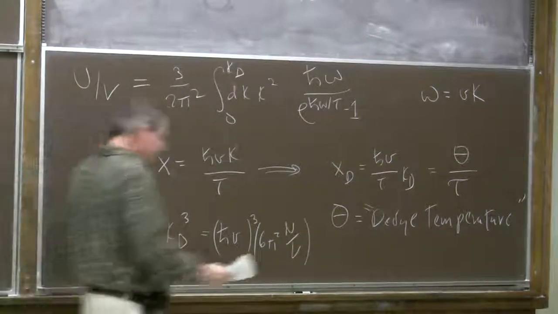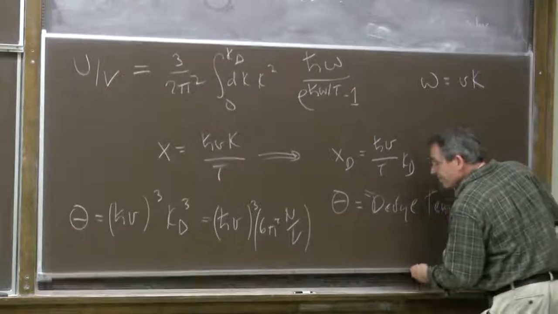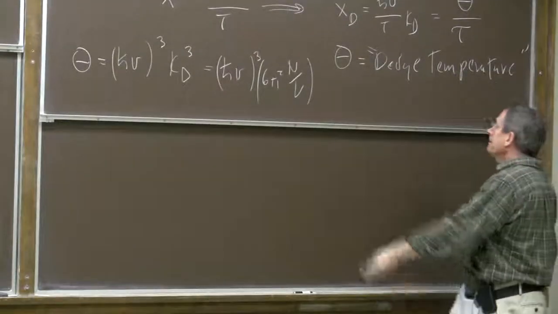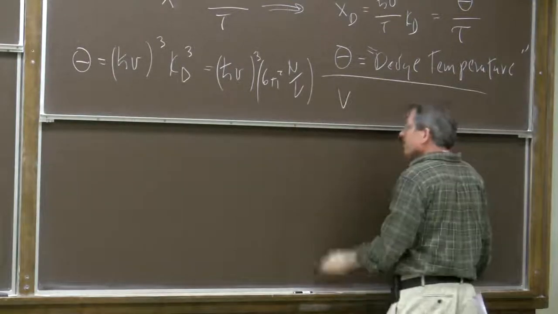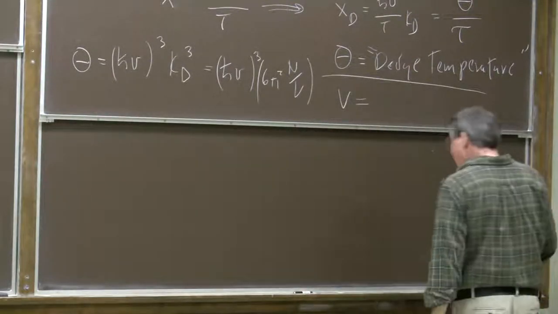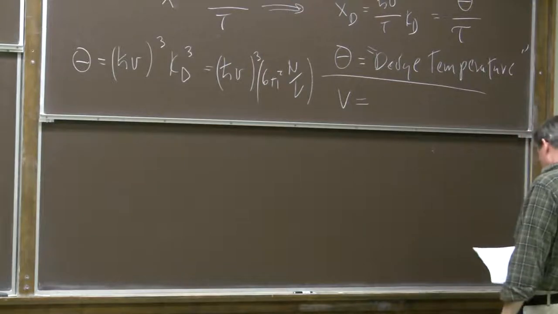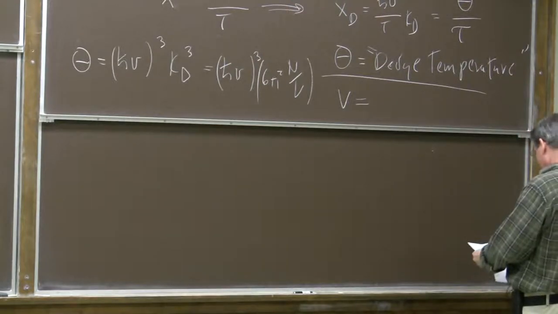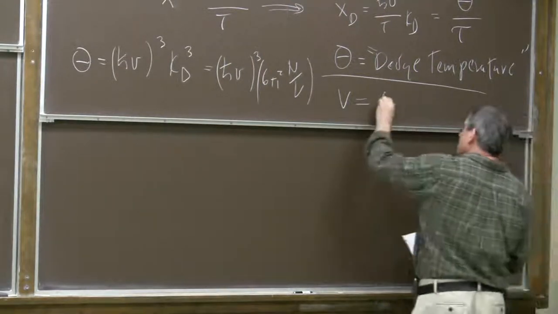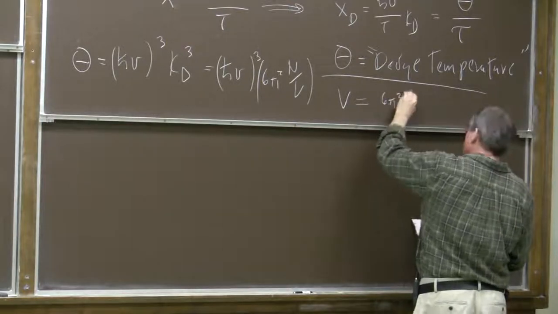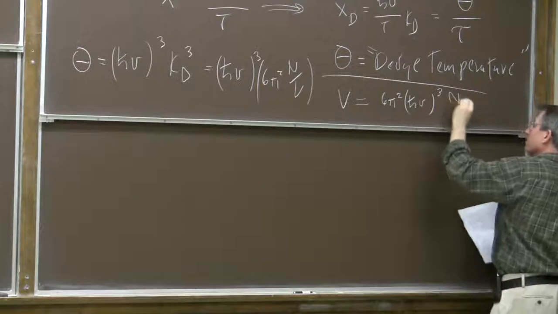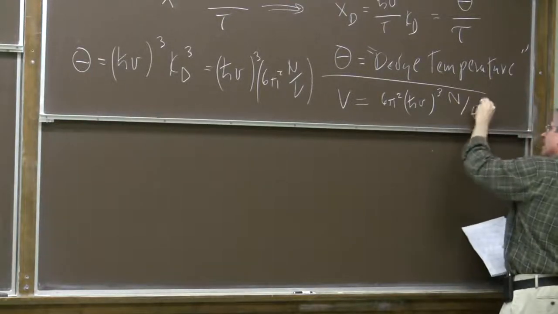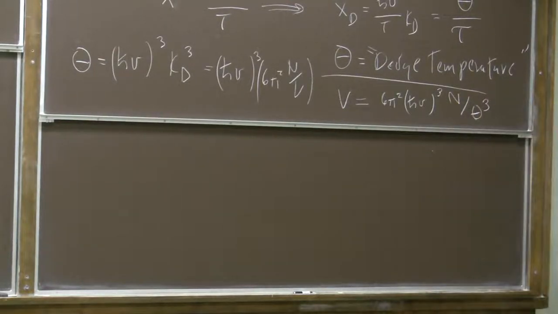So actually, it'll be convenient for me to write the volume in terms of theta. And n, the number of particles in the crystal, the volume is 6 pi squared h bar v cubed, number of atoms in the crystal, divided by Debye temperature cubed.